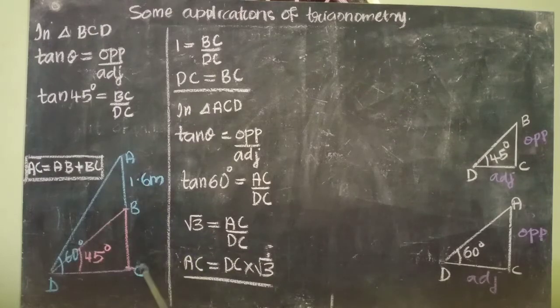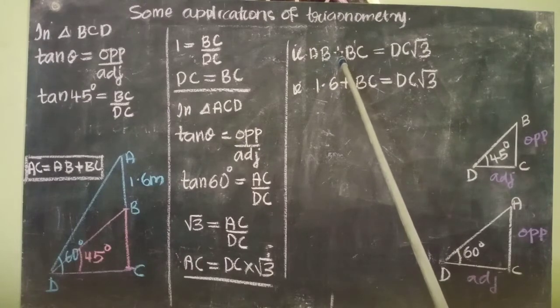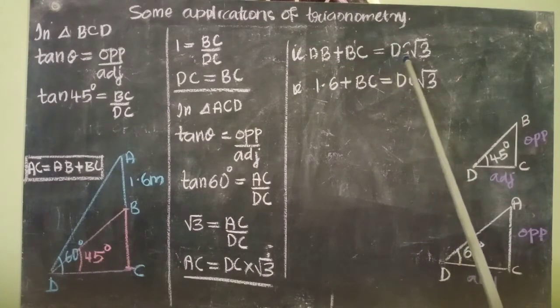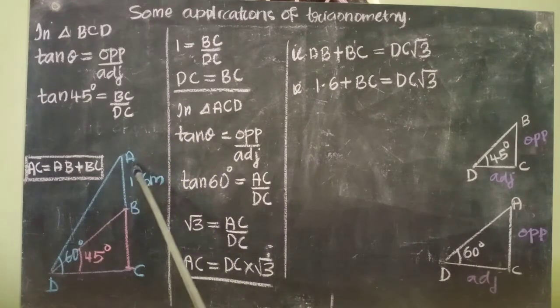Now you see the figure. What is this AC? AC is AB plus BC. AC equal to AB plus BC. So let us replace this AC by AB plus BC. That is AB plus BC equal to DC root 3. Now we know what is AB. It is 1.6.